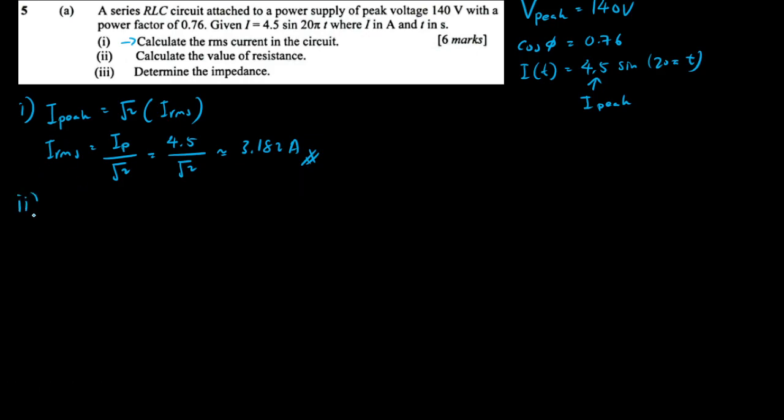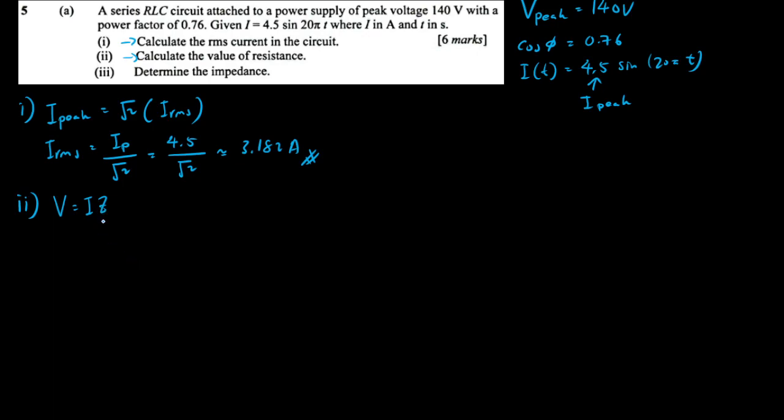Okay, so moving on to part 2, calculating the value of resistance. When we talk about AC systems, we talk about Ohm's law as well. It's just a slightly modified Ohm's law. Rather than having V equals IR, we can have V equals IZ.